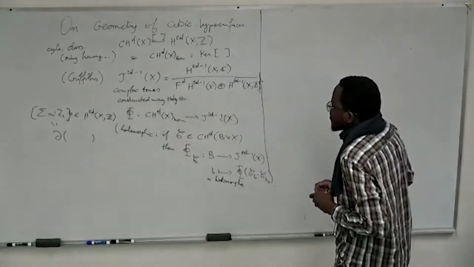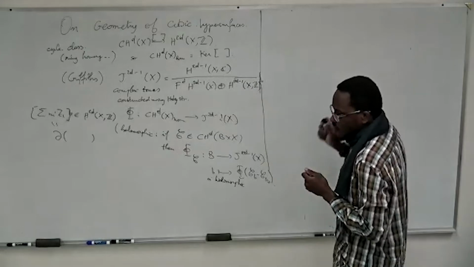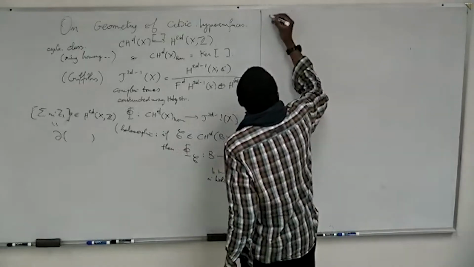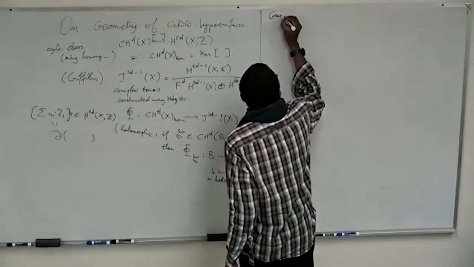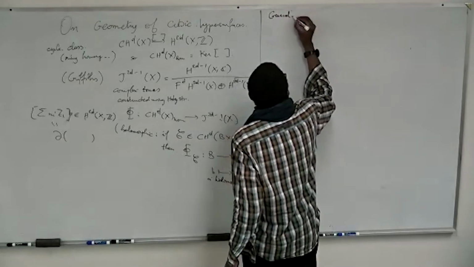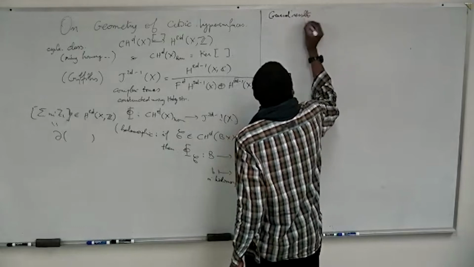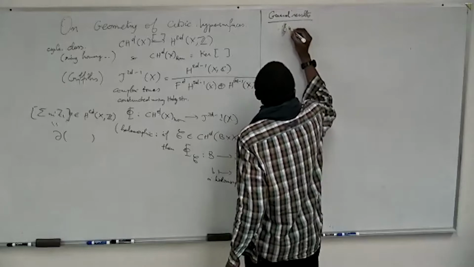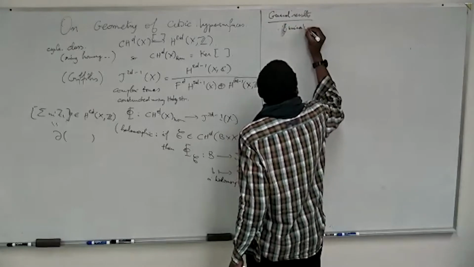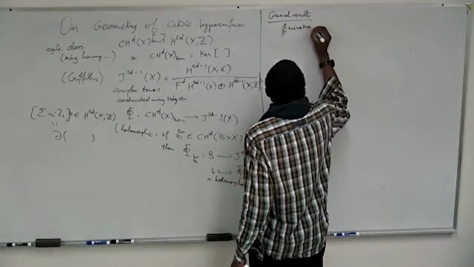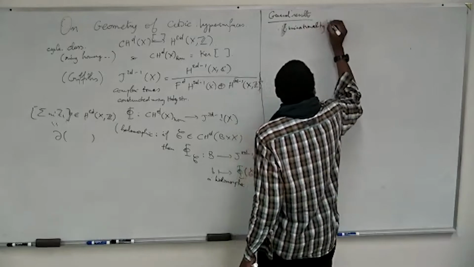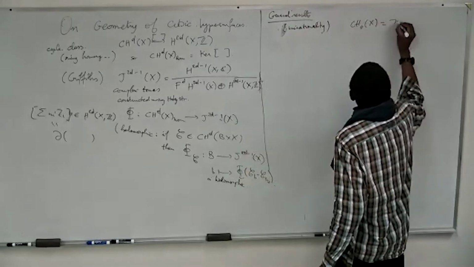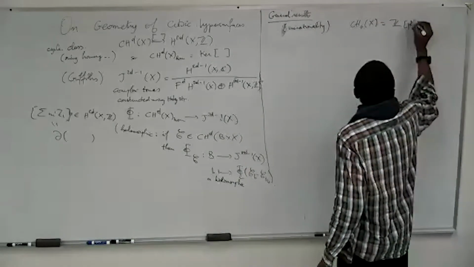Yes, I was saying that the Chow groups are not so useful to detect the non-rationality of cubic hypersurfaces. So a general result about Chow groups, quickly. First, unirationality of cubics gives us that the Chow group of zero cycles is trivial, generated by a point.